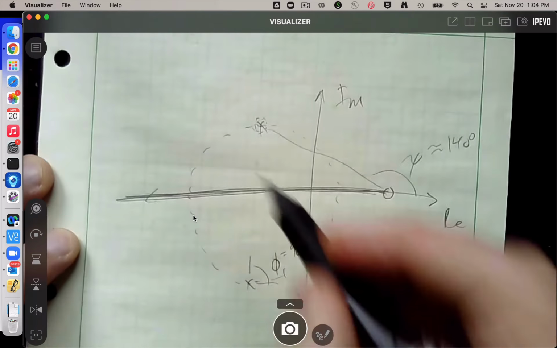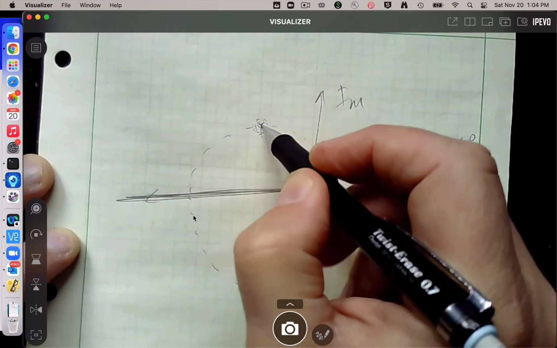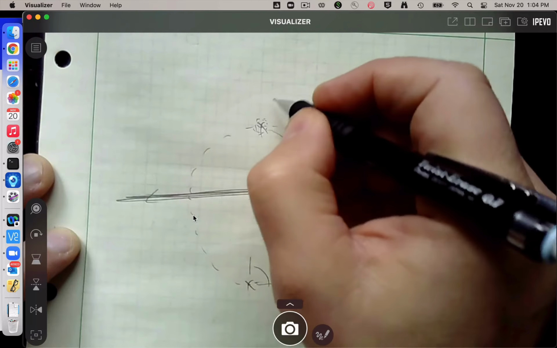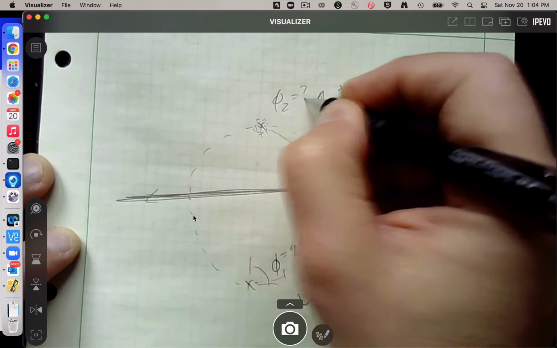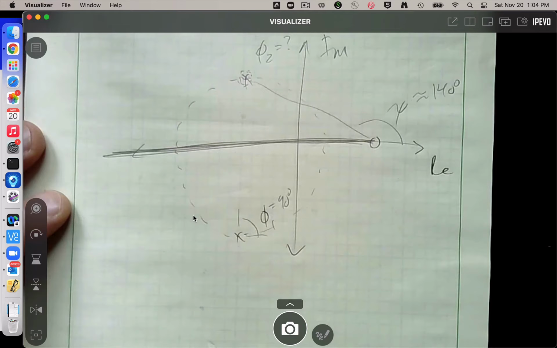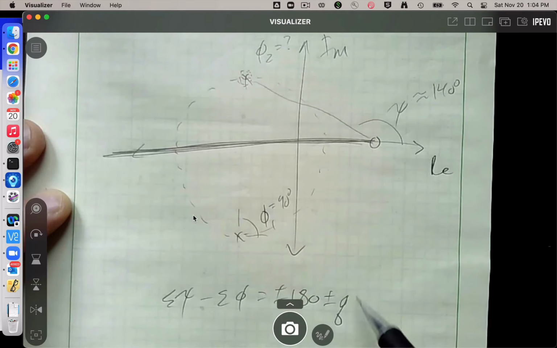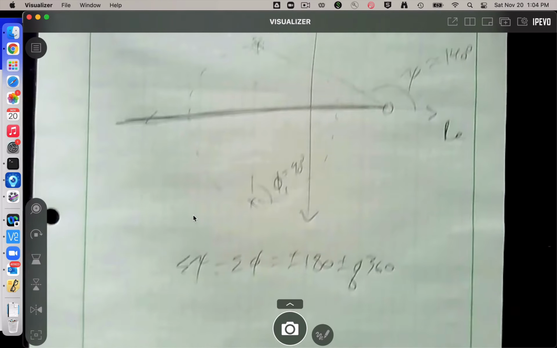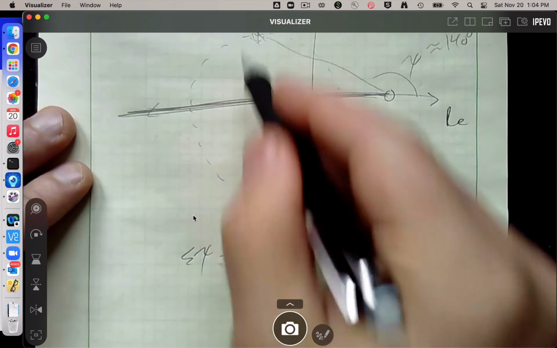So what I know is that whatever angle I leave here at, it ultimately has to satisfy, so my phi2 up here is my unknown. And so the sum of my psi's minus the sum of my phis has to equal plus or minus 180, possibly with 360 degree things thrown in there, in order to satisfy the phase condition.